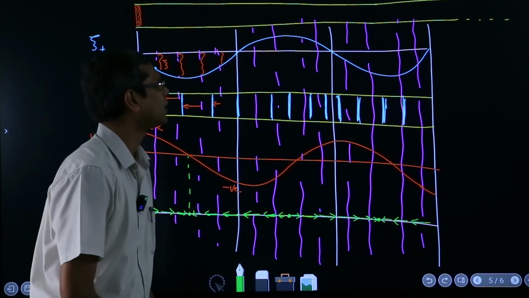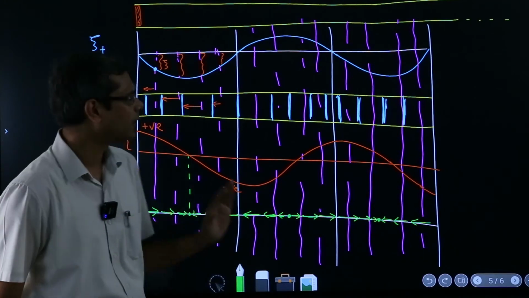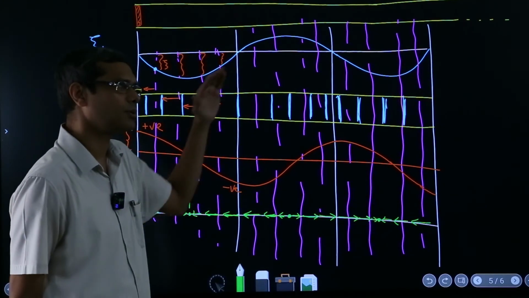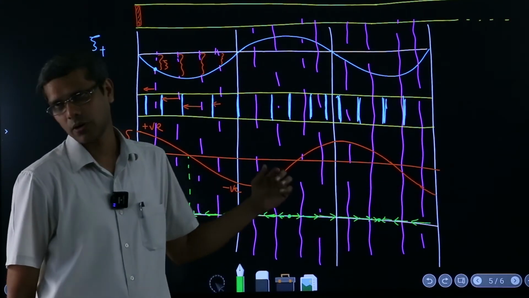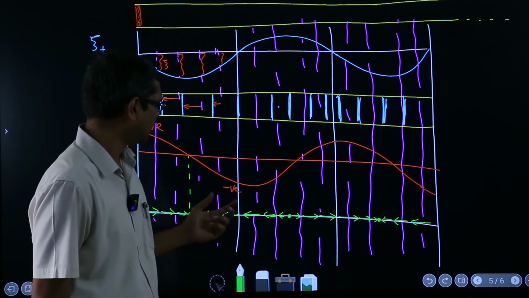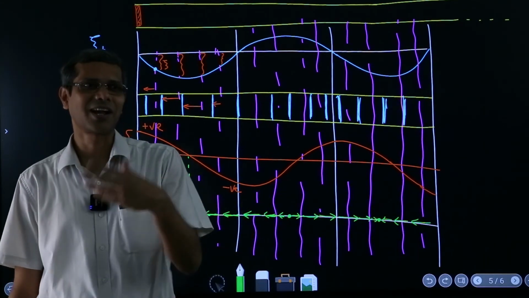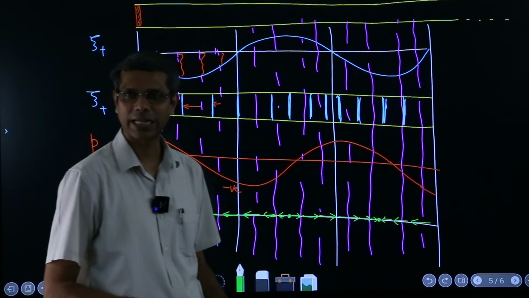So this is what I was talking about. Whenever you see those equations, you should have a visualization of this, and obviously this is more demanding visualization than the transverse displacement of a string.